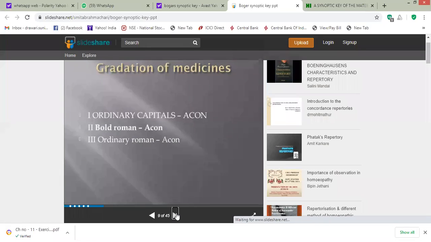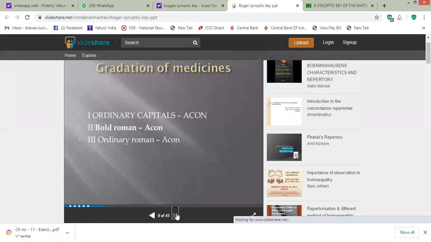The first grade or 3 mark remedies are written in ordinary capitals, that is capital letters. The 2 mark remedies or second grade are written in bold Roman. The 1 mark remedies or third grade are written in ordinary Roman.